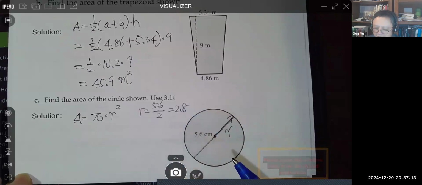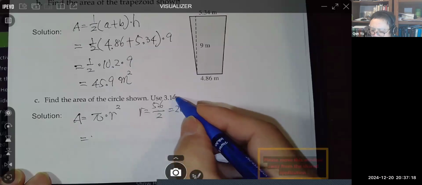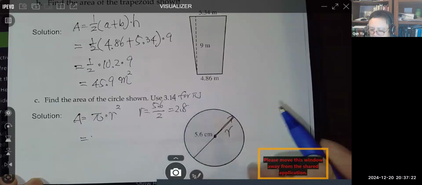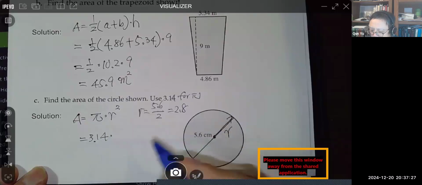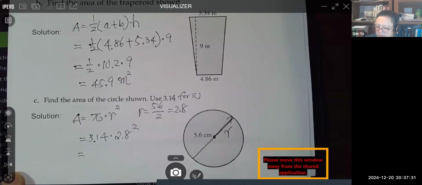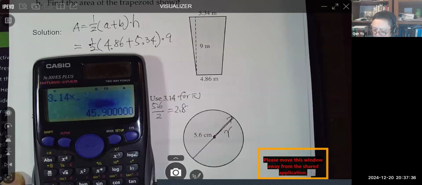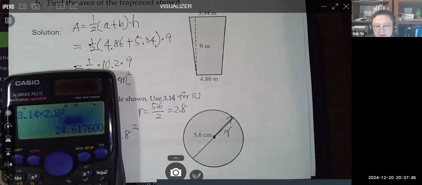Now we can use the formula. It says use 3.14 for the pi. Otherwise, you need to use the full pi. So 3.14 times 2.8 squared. Now I do this whole thing using the calculator. 3.14 times 2.8 squared equals, oh, that's a lot of digits, 24.62.